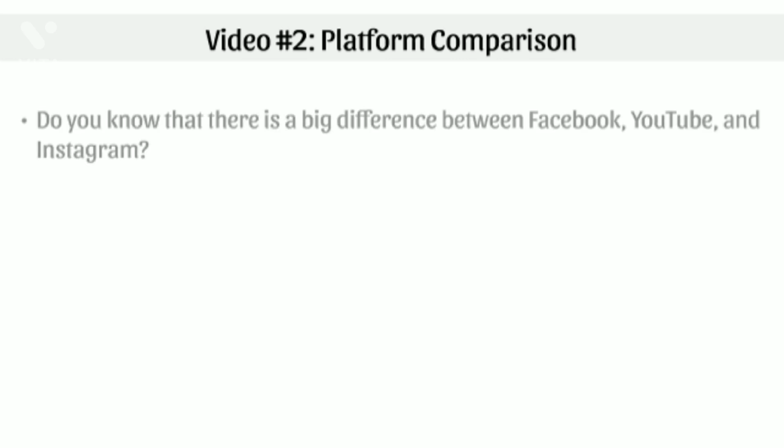So welcome back to video number 2, which is platform comparisons. And the reason why this is so important is because the problem and the reason why most people fail at specific social platforms is they enter that platform thinking that they can use what they do on Facebook on Instagram, or what they do on YouTube on Instagram.